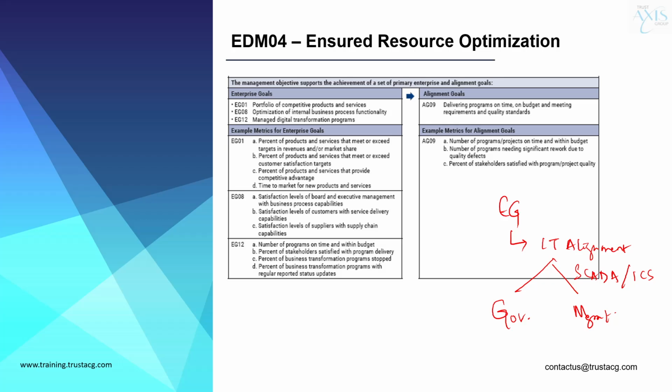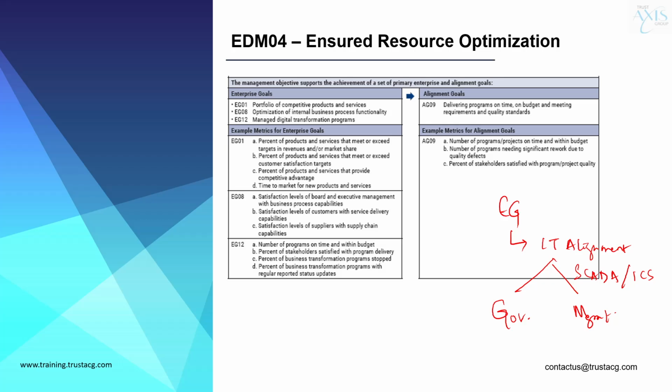In a sense, this objective ensures that you are maximizing value from your available resources while minimizing any wastage, redundancy, and inefficiency. So, what are the enterprise goals that this particular governance objective is expected to support?